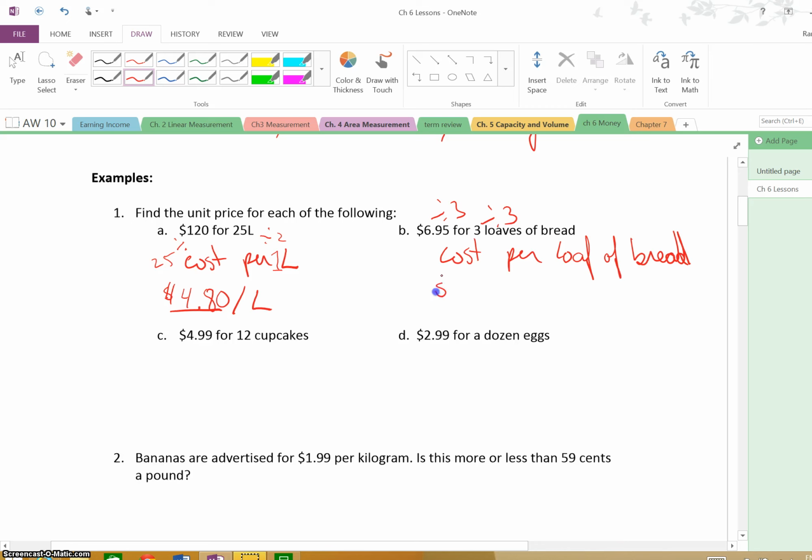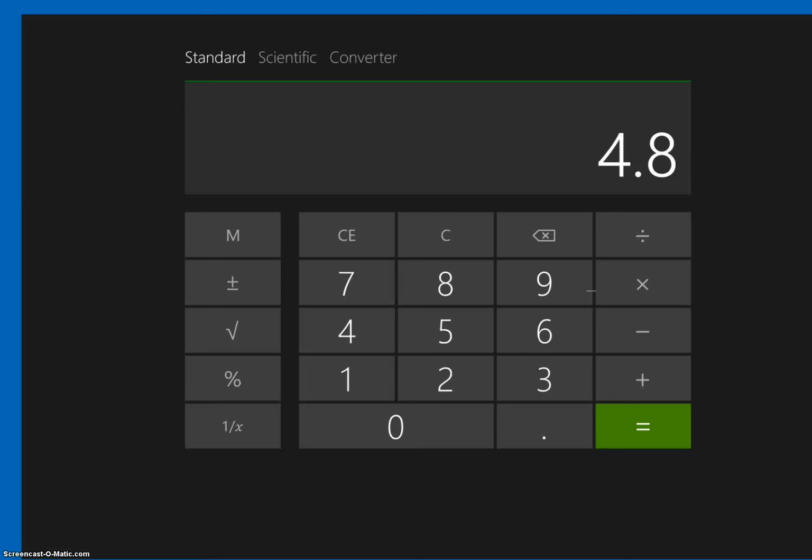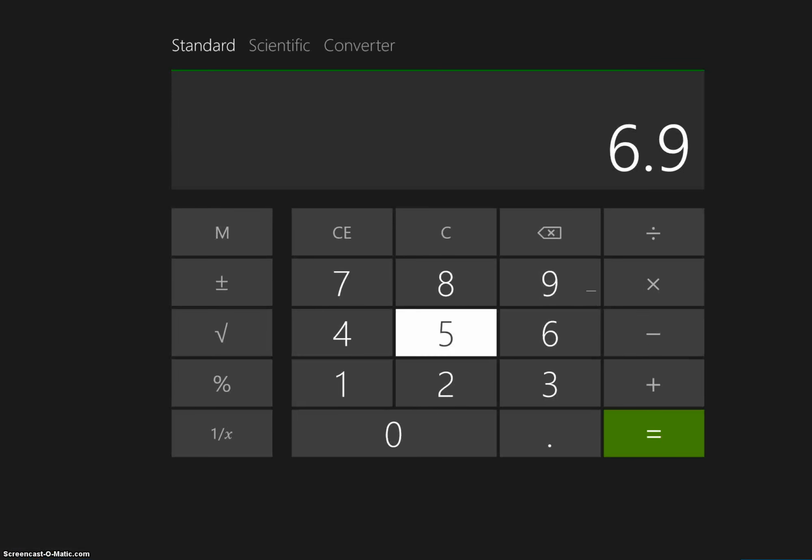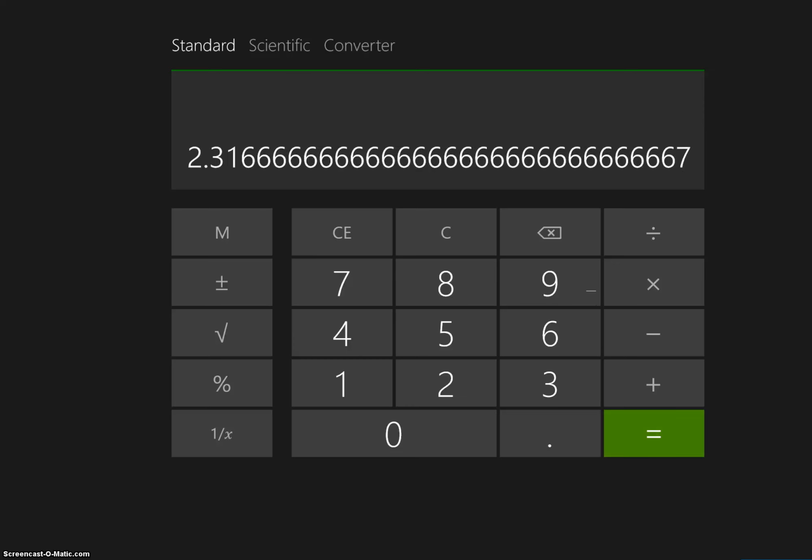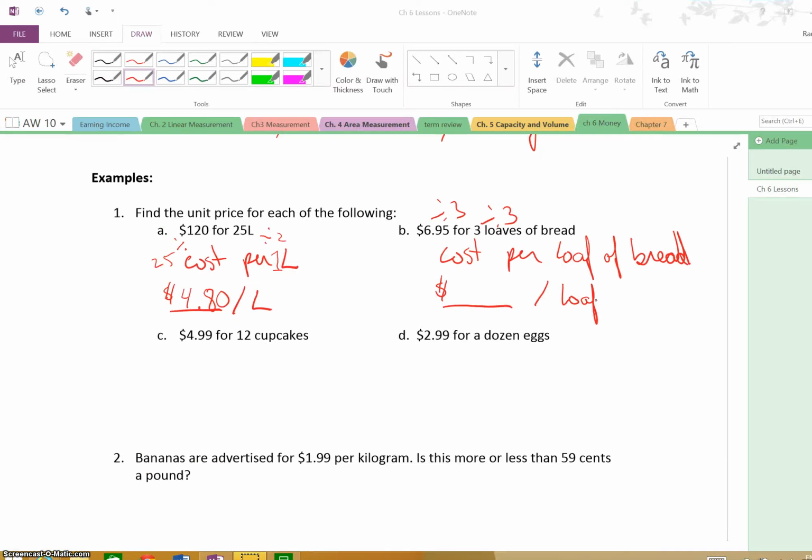So that means I'm going to find out what the cost is per loaf. So $6.95 divided by 3. And again, I don't deal with hundredths of a cent, even tenths of a cent, so that's going to be $2.32.